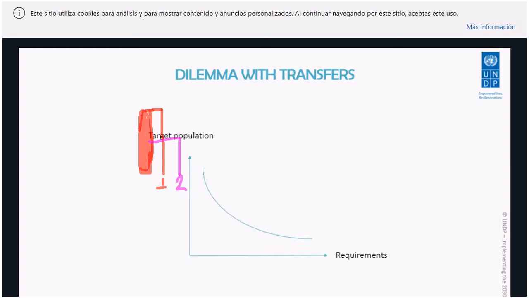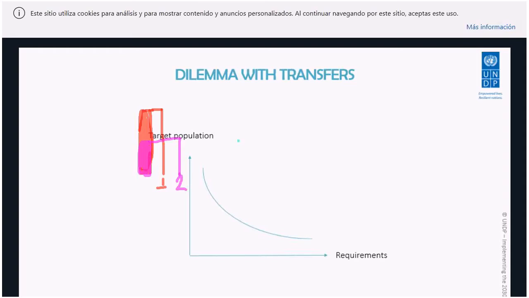And then again, another colleague will tell you, no, this is still a lot of population. We don't have the resources. We have the resources for this fiscal year, but not for the next. So we have to be more careful with this.